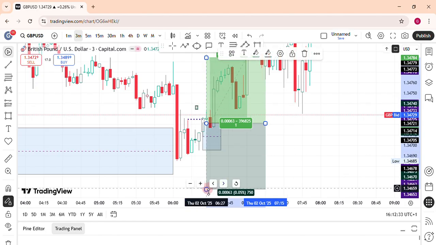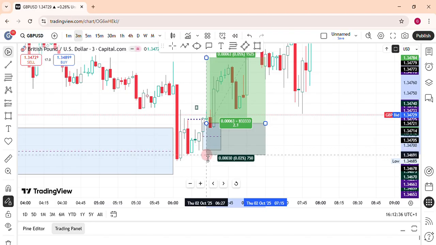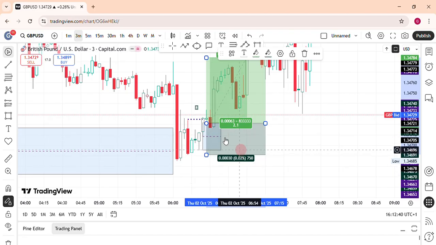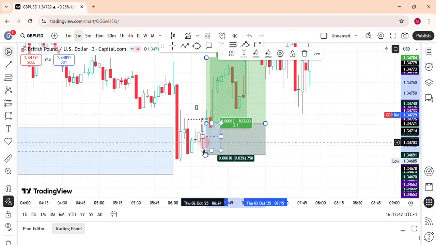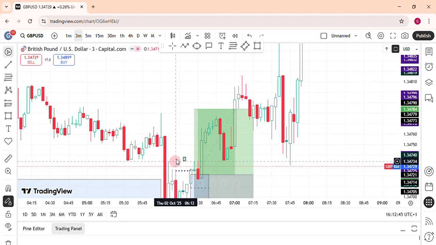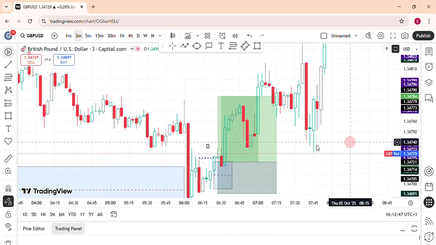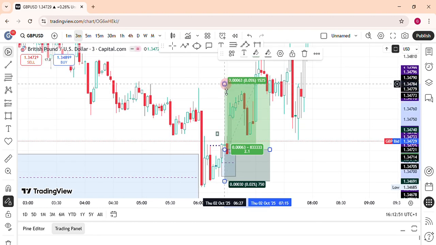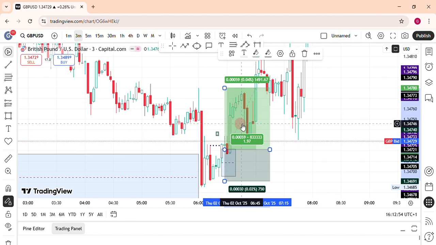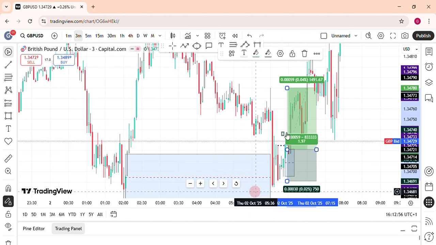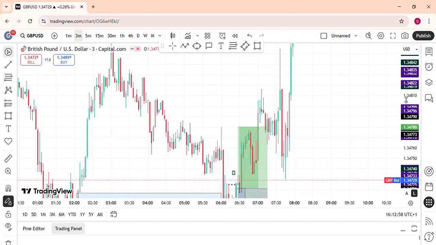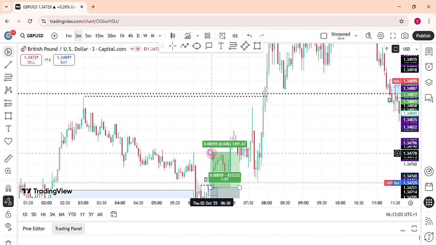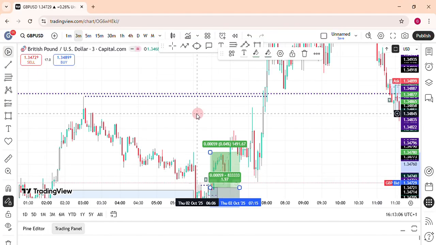The next thing is, for our order block here, we have to be very careful. This is where we put our stop loss and our entry, like so. Our take profit would be at this previous high here, giving us a 1.97 risk to reward ratio, but that seems very low for our risk to reward ratio.